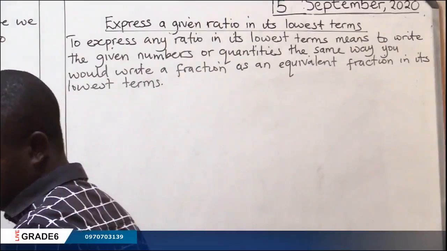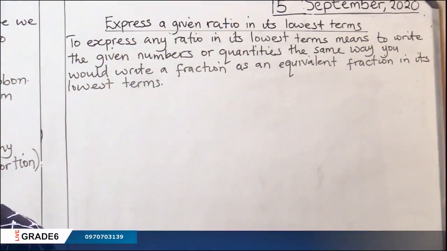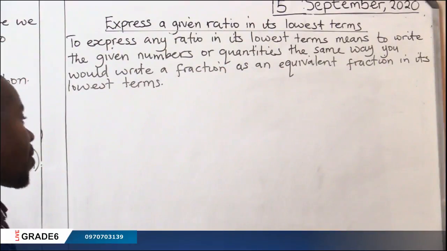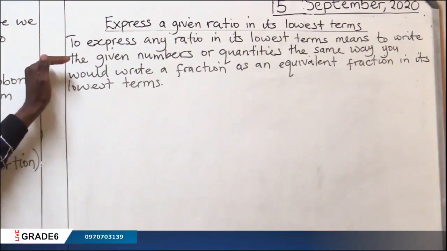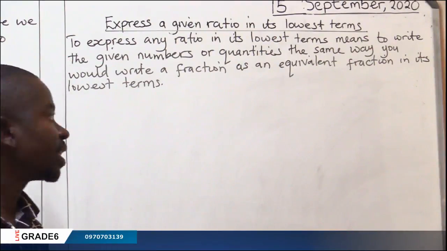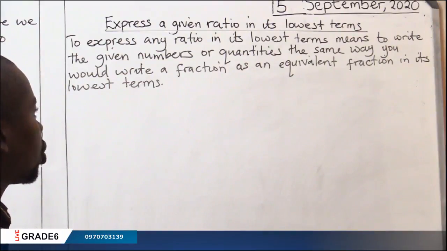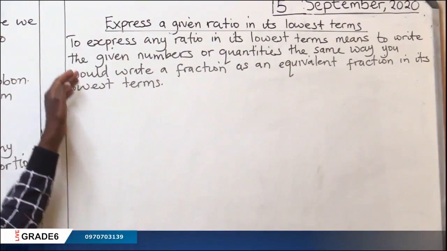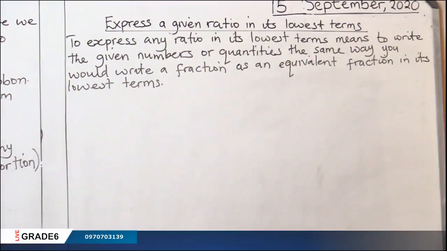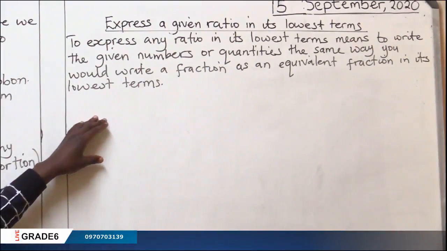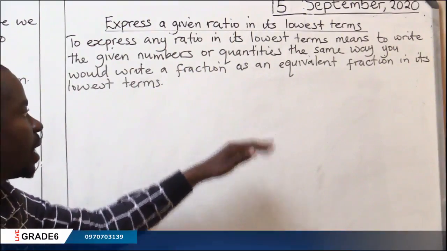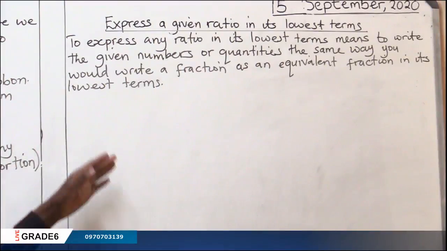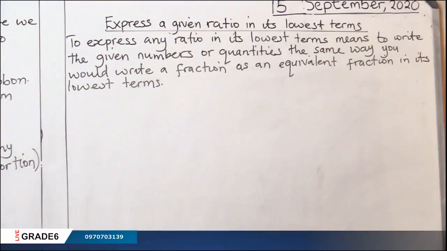So boys and girls, we are looking at how we can express a ratio in its lowest terms. To express any ratio in its lowest terms means to write the given numbers or quantities the same way you would write a fraction as an equivalent fraction.